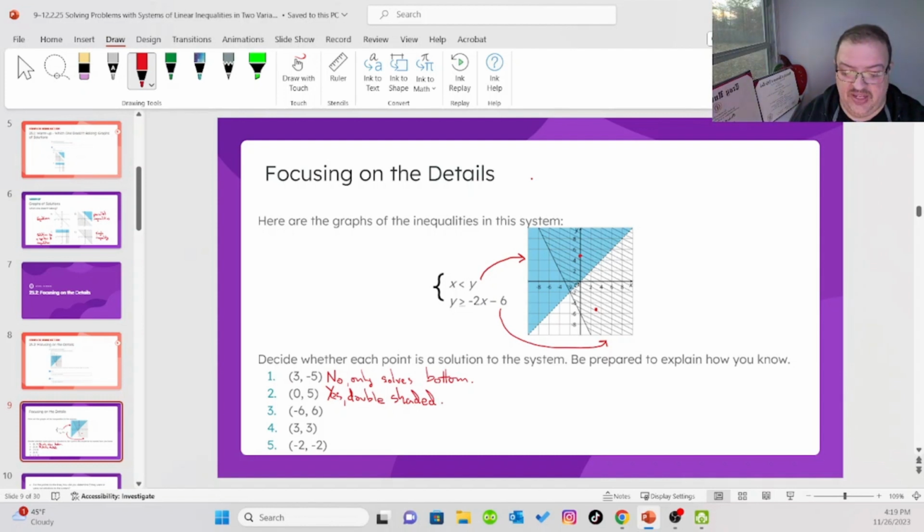The next point is (-6, 6). That means x is -6, y is 6, and that point is right here on the solid line that creates the double shaded area. So that is a solution.